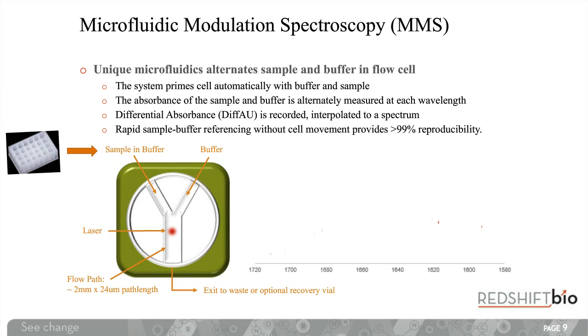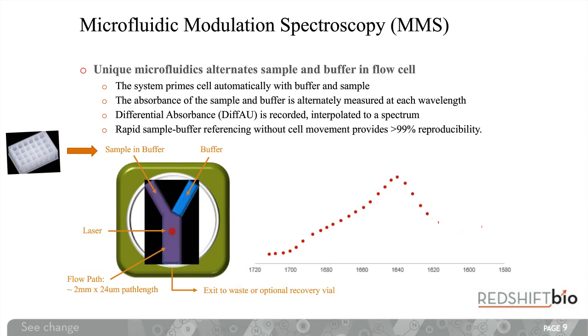And what we do here is we start just by filling the cell with your background, and then we modulate between the two channels, taking the differential spectrum at each point, multiple times actually, in order to take data points across the amide 1 band every 4 wave numbers, and we interpolate these data to provide a spectrum.